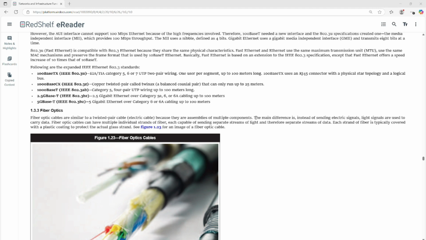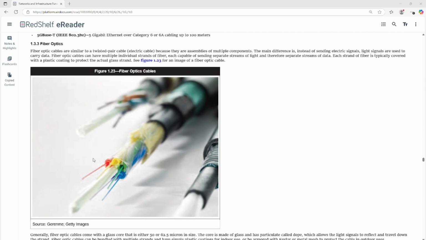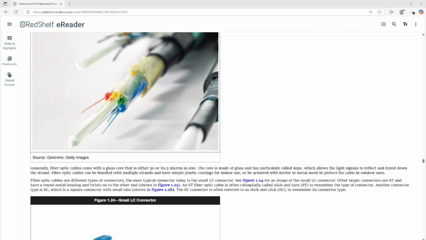That's how they carry data, by light signals. They can have multiple individual strands of fiber, each sending separate streams of light and therefore separate streams of data. Each strand of fiber is typically covered with a plastic coating to protect the actual glass strand, because they're usually out there in the wild. So this is how a fiber cable looks.